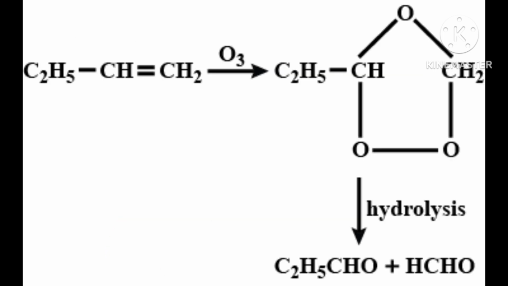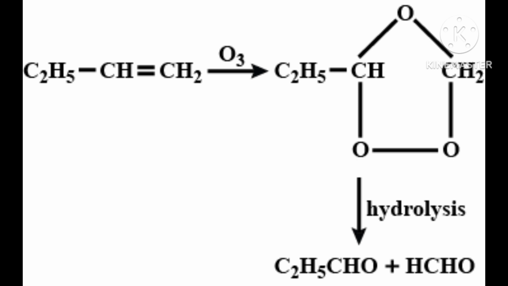The bond which was broken gives each oxygen one electron. So this is the situation: the first oxygen has 2 electrons, and the other 2 oxygens have one electron each. This is the situation of ozone.